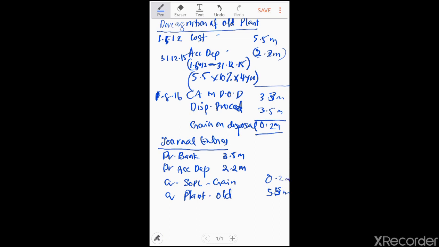So this one will have to be discussed. So we need to discuss what happened here, here, 3, and number 4. Right. Journal entry wise, number 3, number 4.